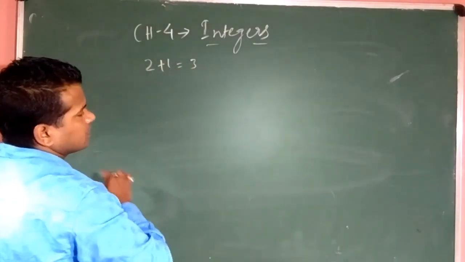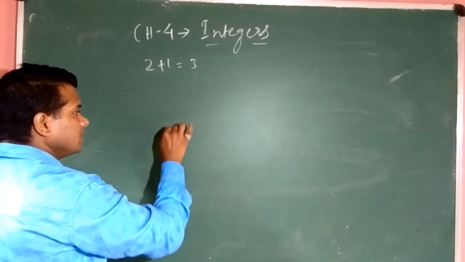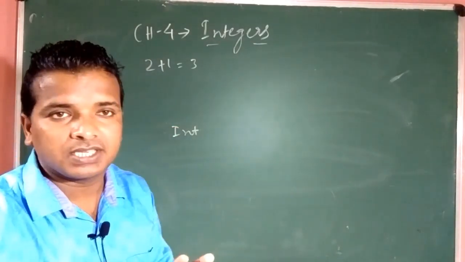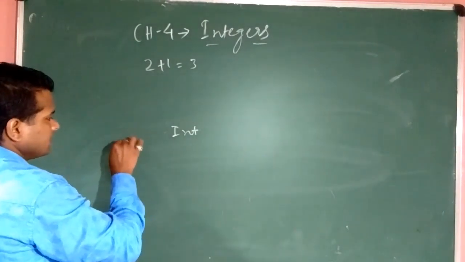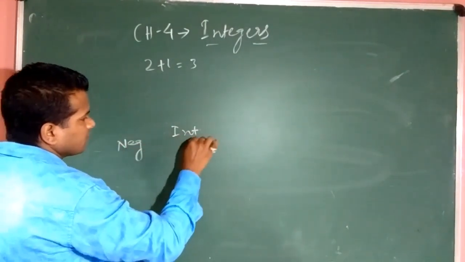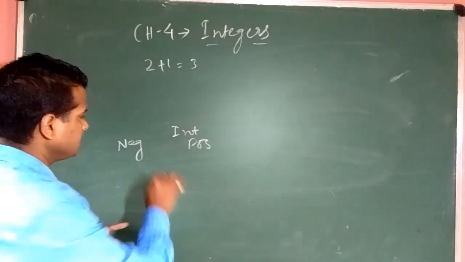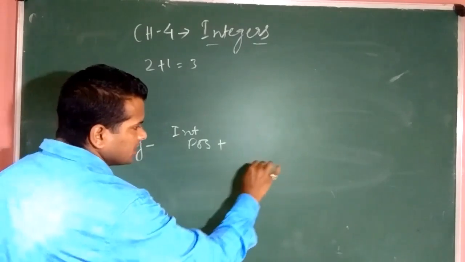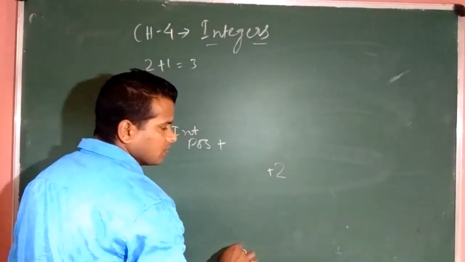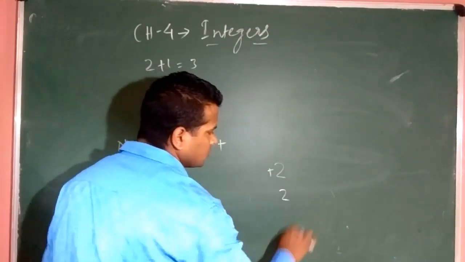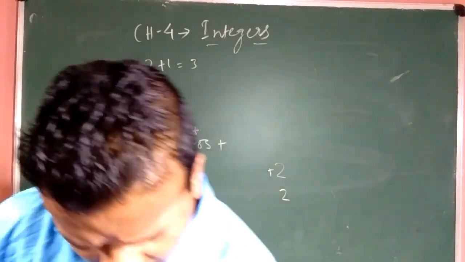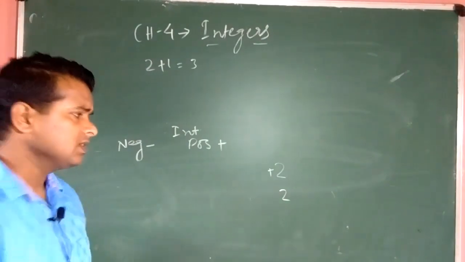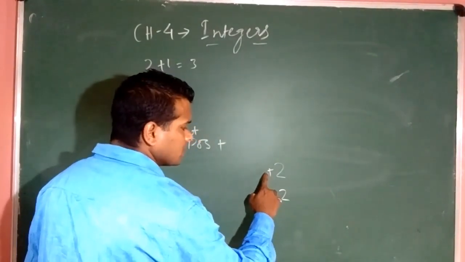Because integers are the combination of negative and positive. Negative means minus and positive means plus. If I write 2 here, it is plus 2, but normally we can write it as just 2 because plus is understood. Generally we used to write plus 2.